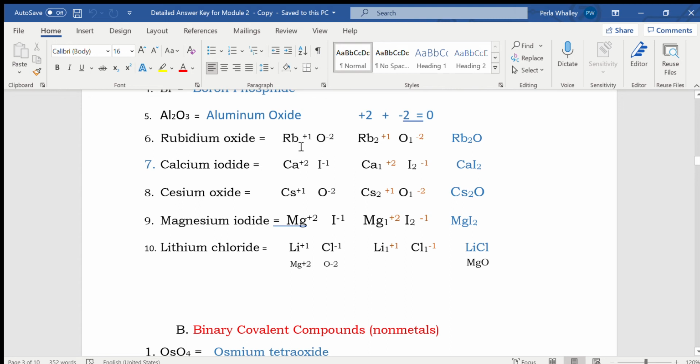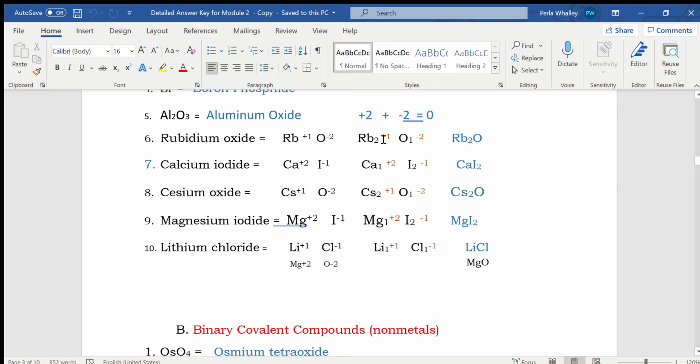Now, rubidium is plus 1, oxide is minus 2. Usually, the oxidation numbers are given, but if it is not given, you need to look at the periodic table. Now, so we cross over. This 2, we crossed it to rubidium, and this one, we crossed it to oxide.